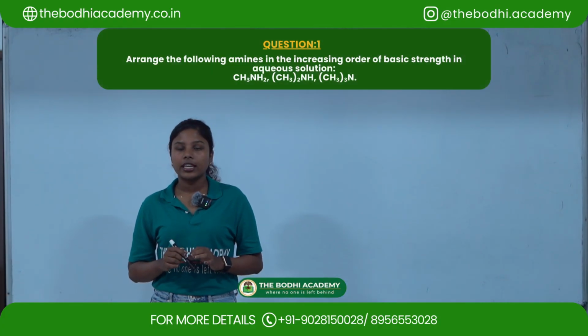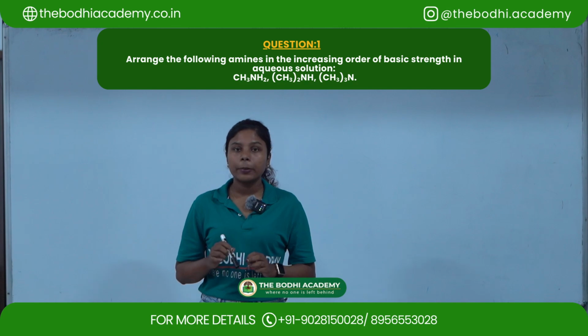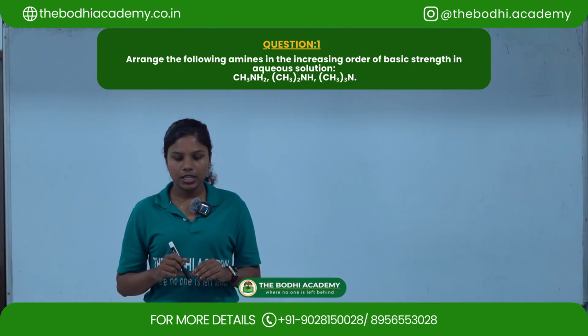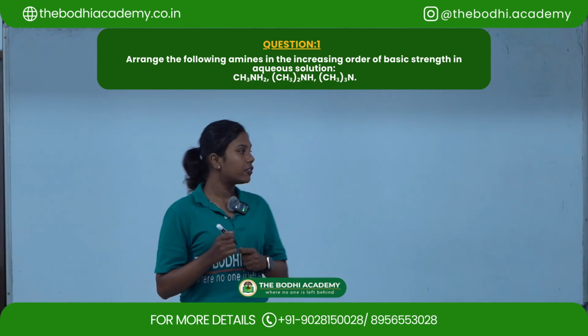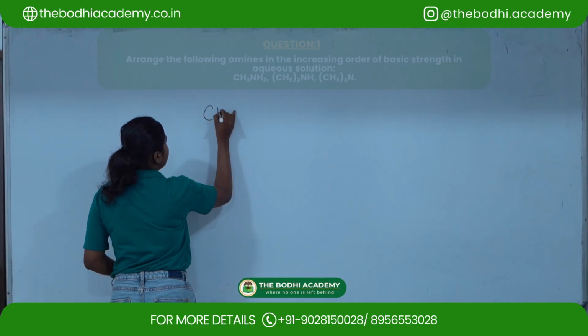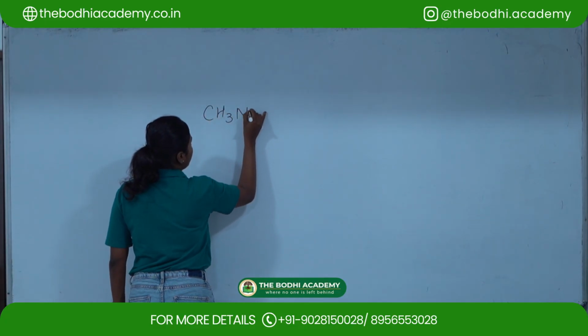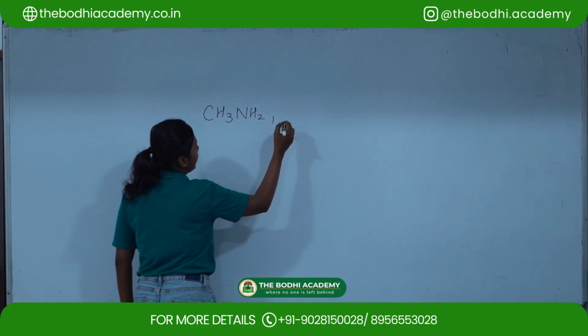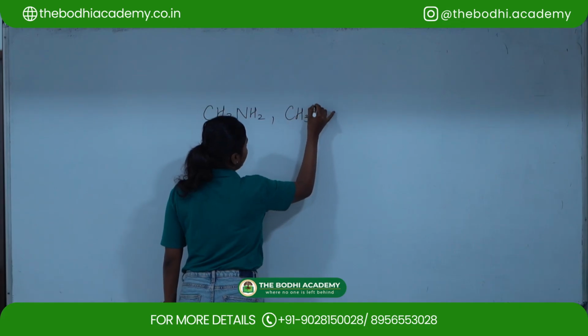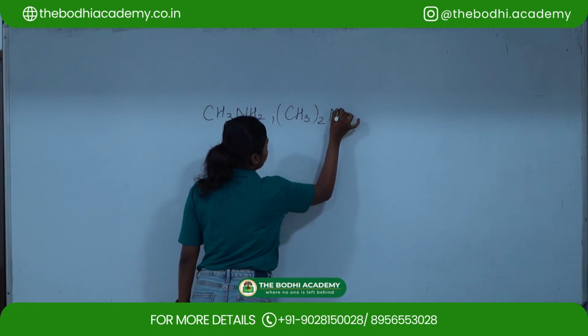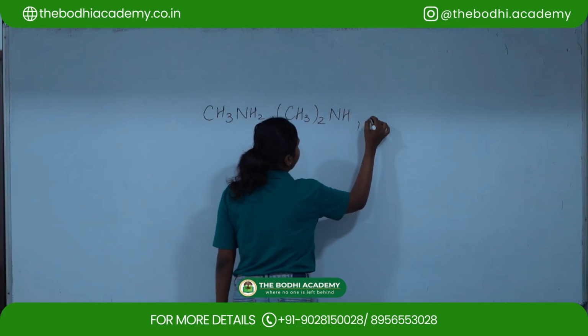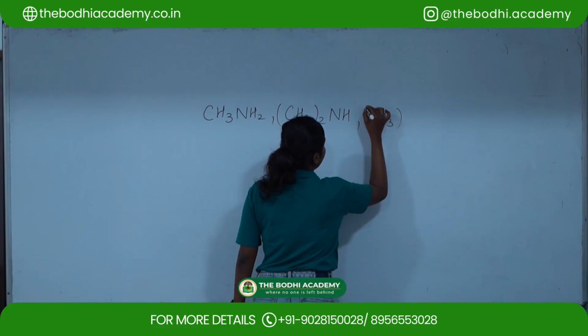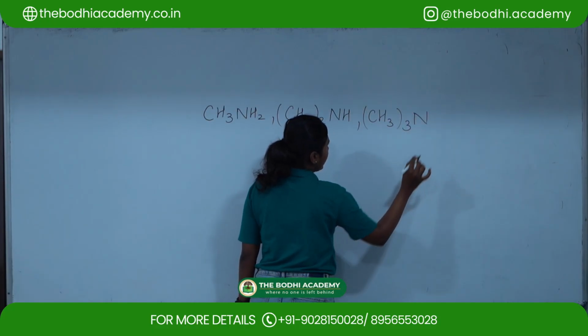Arrange the following in the increasing order of their basic strength in aqueous solution. So we have CH3NH2, then we have (CH3)2NH, and we have (CH3)3N.